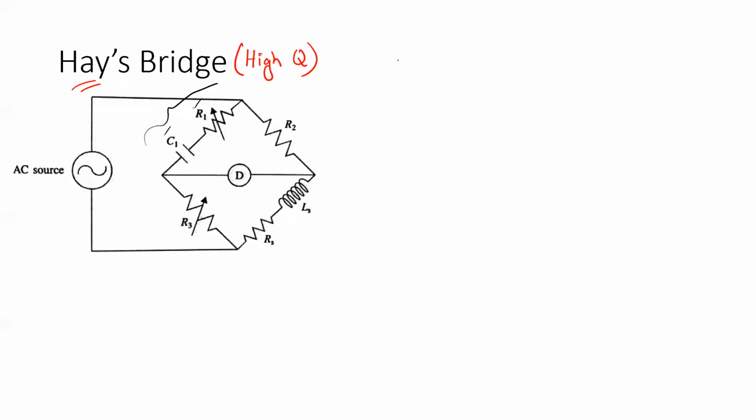Now, if we proceed with the evaluation of the balance condition, we can first determine the impedances like we did in case of the Maxwell bridge. So we can define the impedances first. So Z2 and Z3 are the same as before, two resistances connected in the two arms.